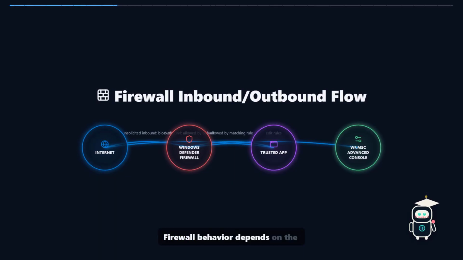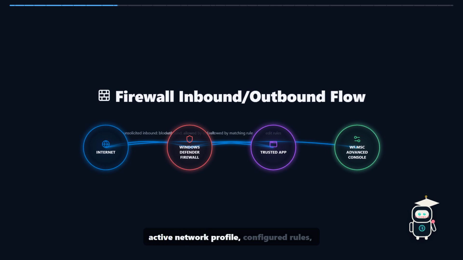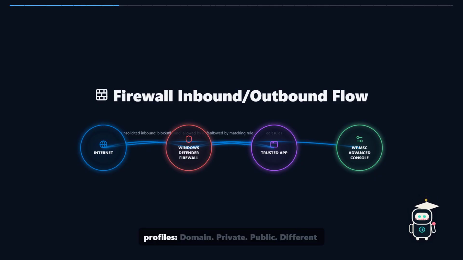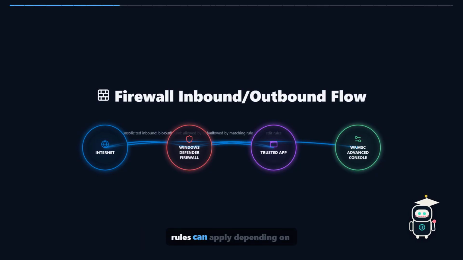Firewall behavior depends on the active network profile, configured rules, organizational policy, application requirements, and the traffic being evaluated. Windows commonly works with three network profiles: domain, private, public. Different rules can apply depending on which profile is active.